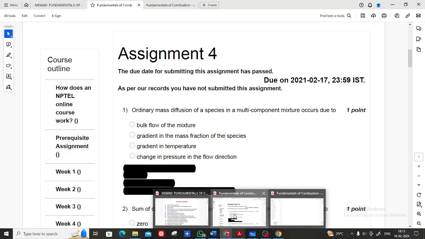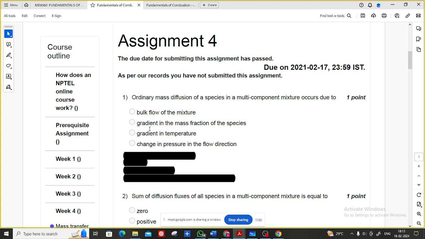According to Fick's law, the multi-component mixture occurs due to the gradient of concentration. So the gradient in the mass fraction of the species. Yeah, that is the correct answer. Gradient in the mass fraction of the species, that is the correct answer. It's B, sir, right? Yeah.